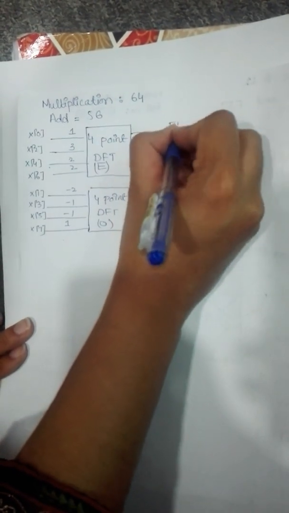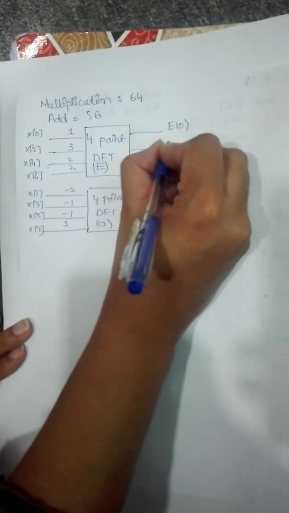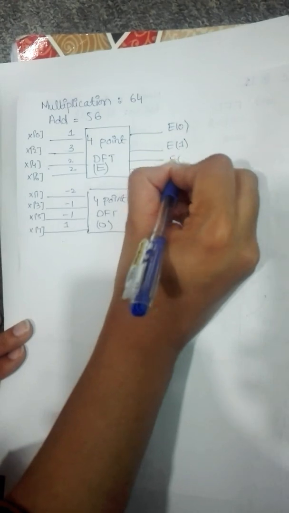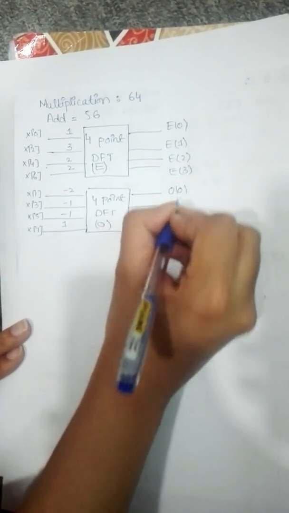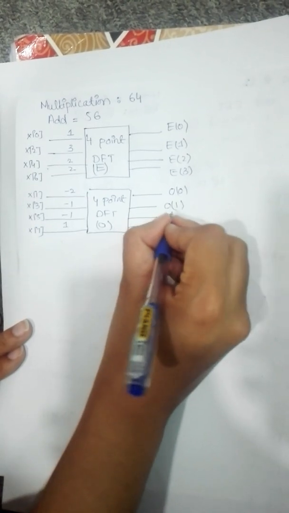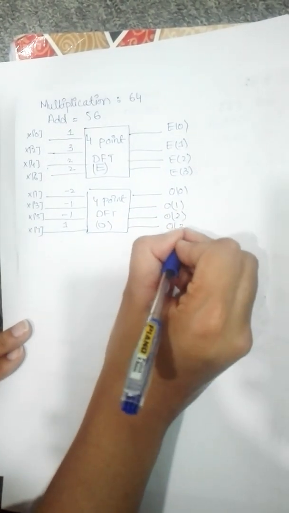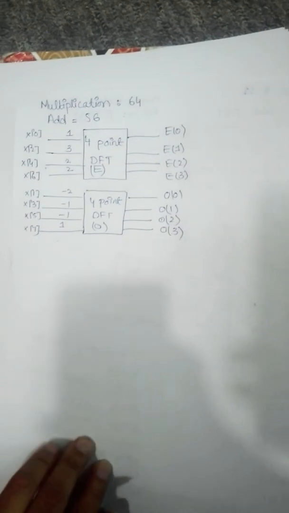And we will compute E of 0, E of 1, E of 2, and E of 3, and similarly O of 0, O of 1, O of 2, and O of 3. O here denotes the odd sequence and E denotes the even sequence.